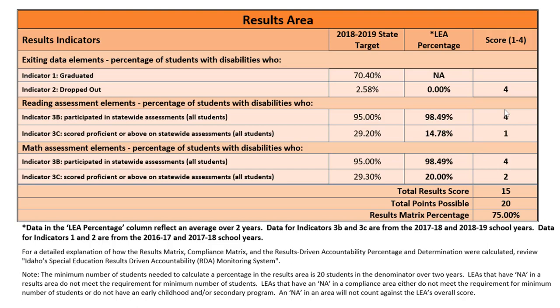We did that because many of our LEAs have few students with disabilities, and so it makes it really difficult to calculate percentages when you have such small numbers. By using 2 years worth of data, we were able to add the numerators together and add the denominators together, and that just gives us a much better sense of the percentages. They're much less volatile than if we use really small numbers.